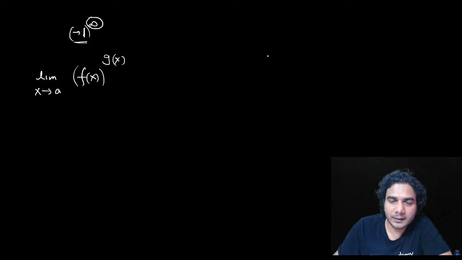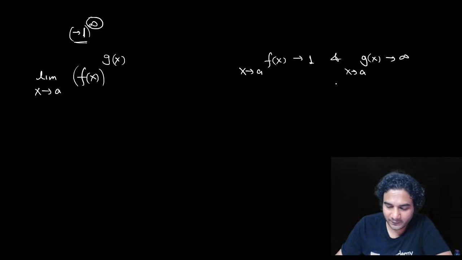And for the given limit x approaching a, we need to calculate it. And it is known that f(x), when x approaches a, approaches to 1, and g(x), when x approaches a, approaches to infinity. All right, so this is 1 raised to infinity form. This is what we need to solve.